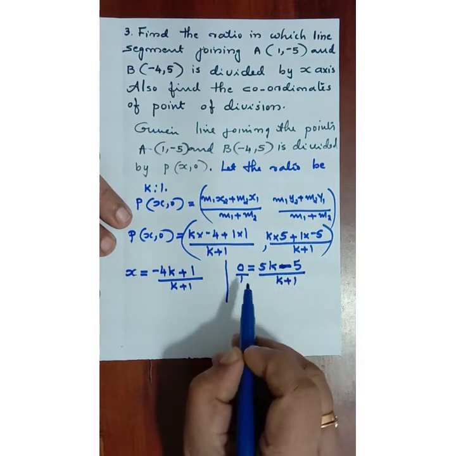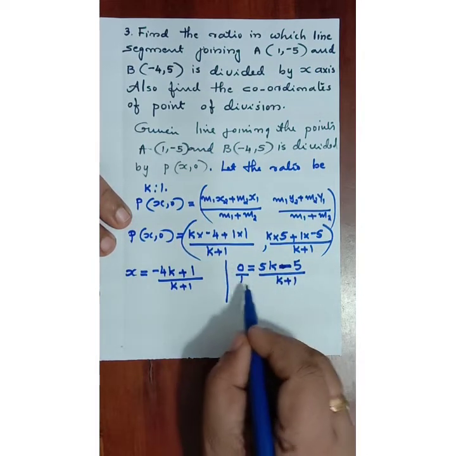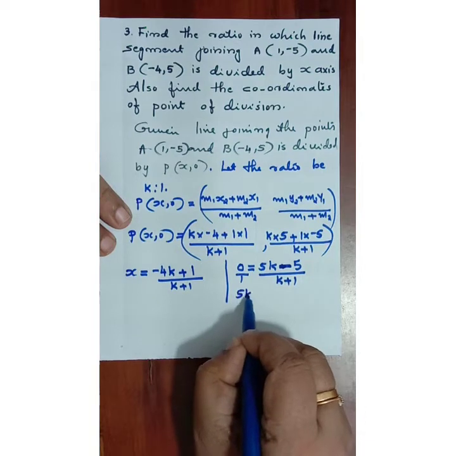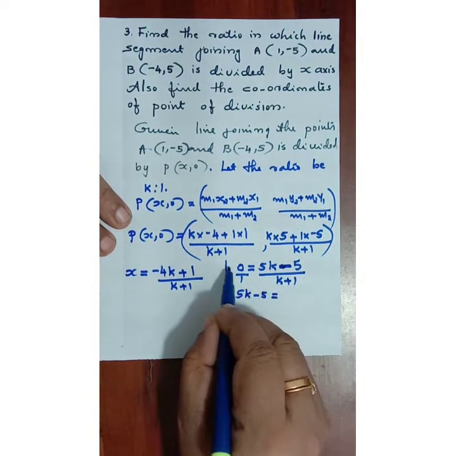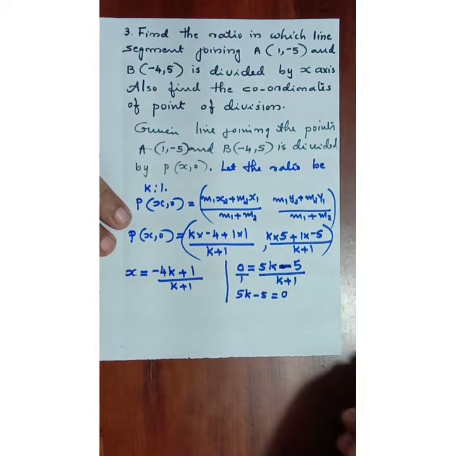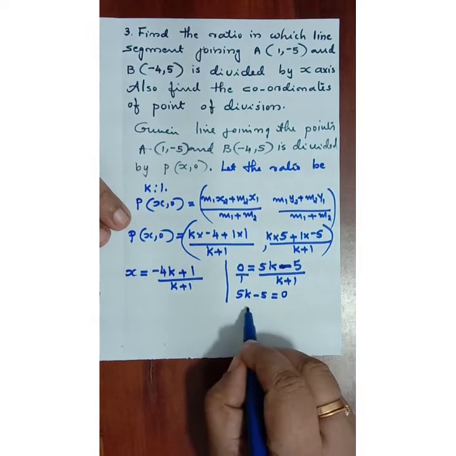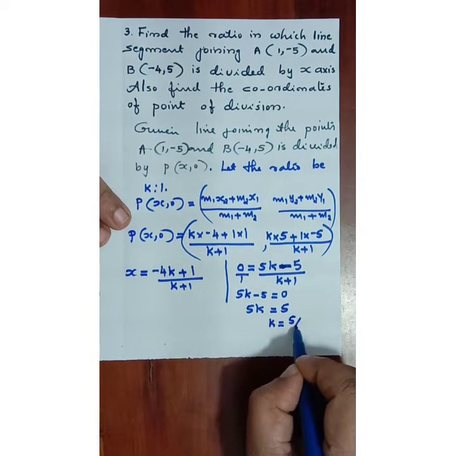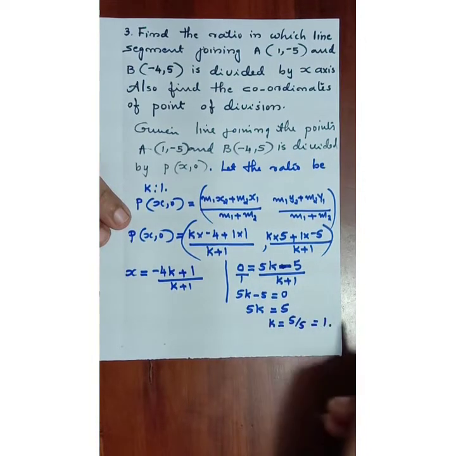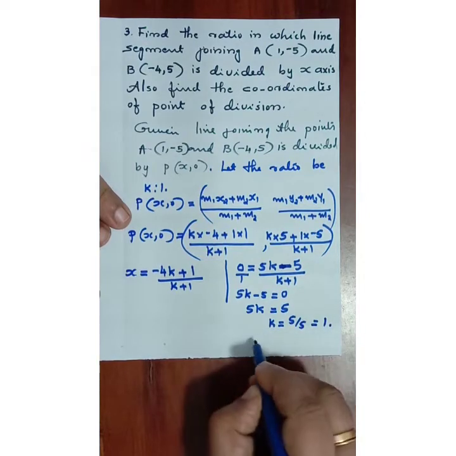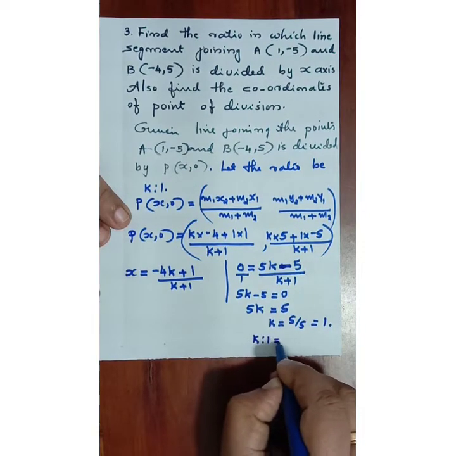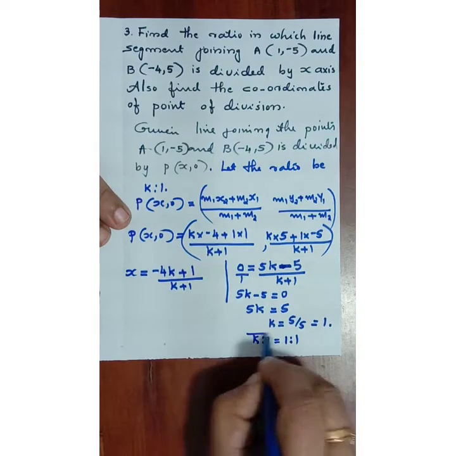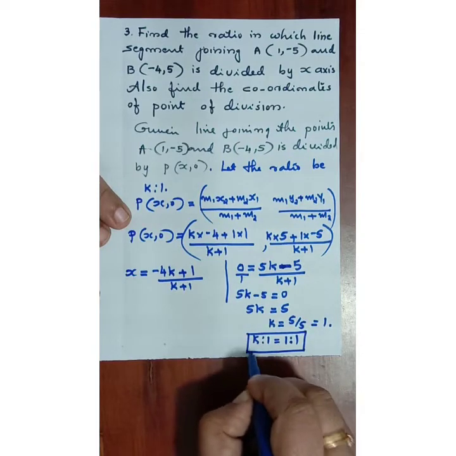Here 0 means 0 by 1, cross multiply. So 1 into (5k - 5) is equal to 0. So 5k is equal to 5, k is equal to 5 by 5, that's 1. So we got the k value. So k is to 1 is equal to 1 is to 1, that is our required ratio.